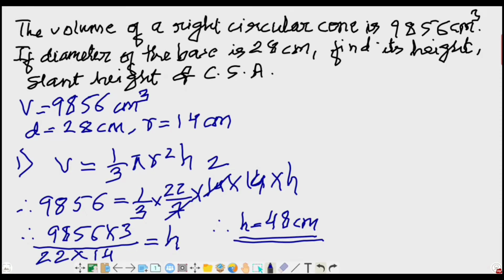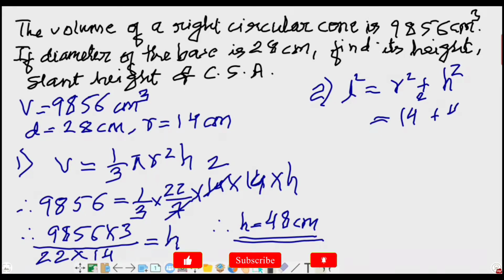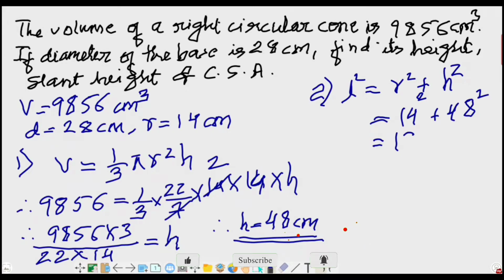So now you know the height. What else is our slant height? For slant height, the formula is L square equal to R square plus H square. Now when you substitute R, that is the 14 square, plus 48 square. Now 14 square is 196.